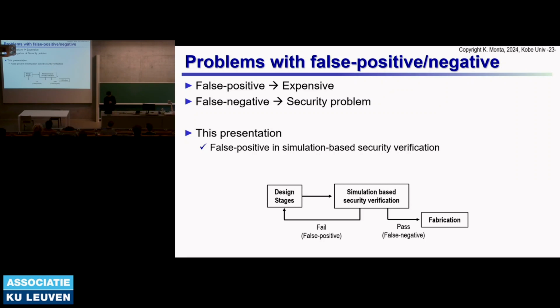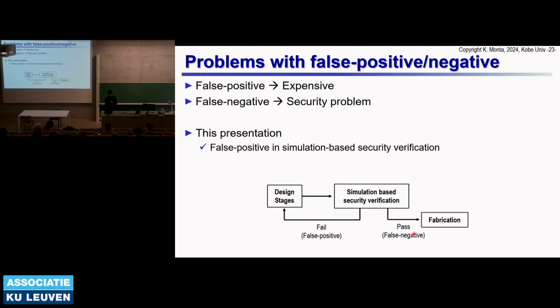First, as I said, the designer can evaluate the side channel analysis countermeasure level, the security level, at the design stage, and they can respin the process and increase the security level. However, once a false positive happens, they need more countermeasures or additional circuits, so it can be expensive.